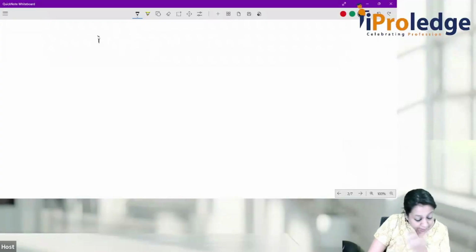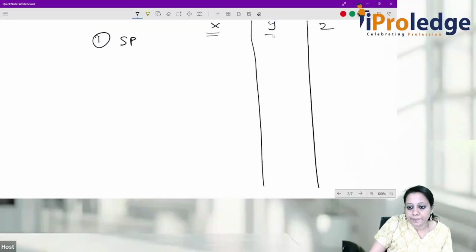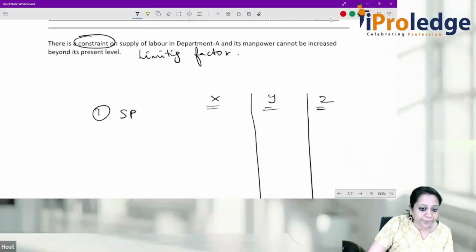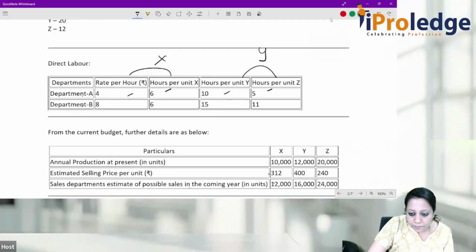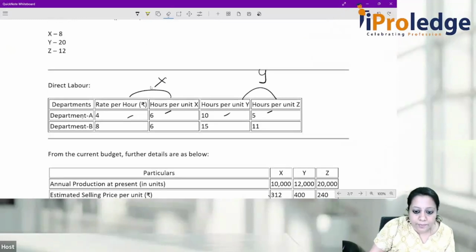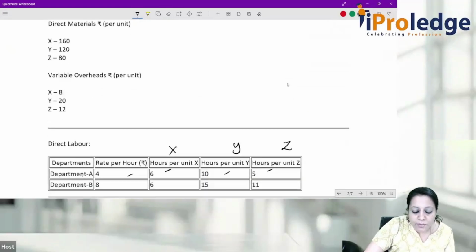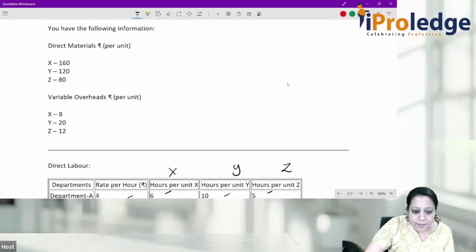So now we start with the selling price. We have three products, X, Y, and Z. Instead of saying X, Y, and Z, I just wrote X and Y. So this is X, Y, and Z. Okay.